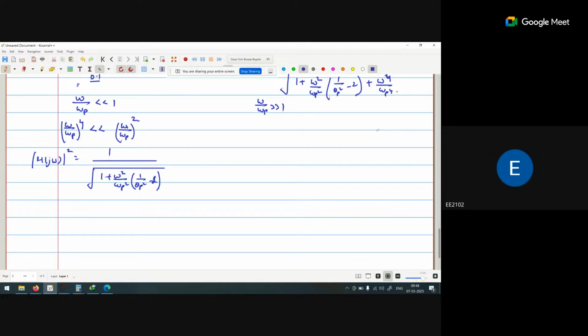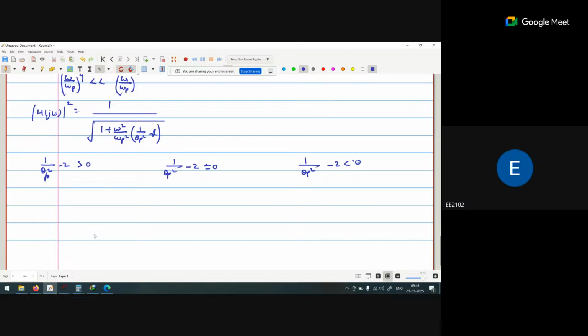So 1 over Qp square minus 2 will be less than 0, equal to 0, or greater than 0. If it is greater than 0, the value of Qp is less than 1 upon root 2.